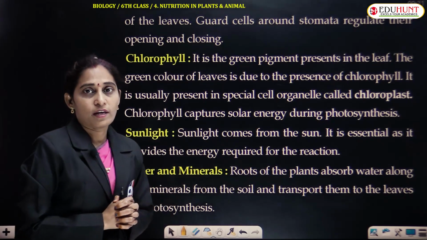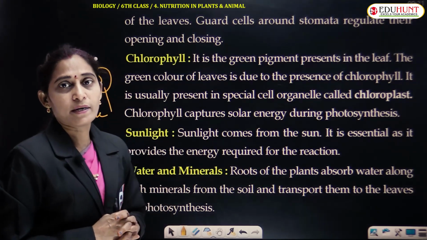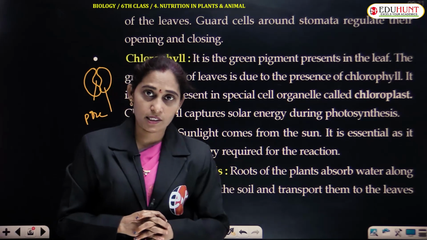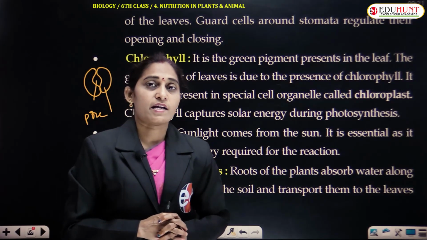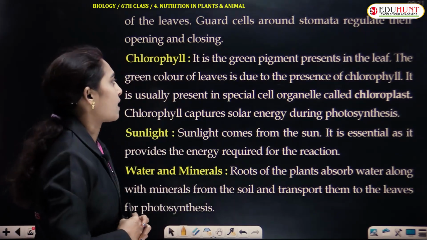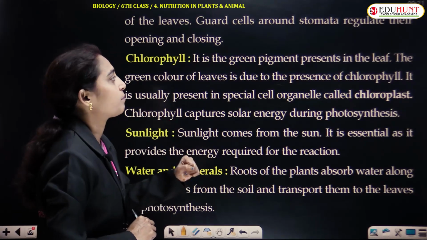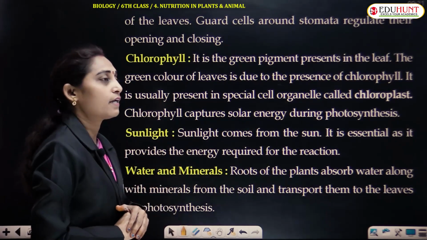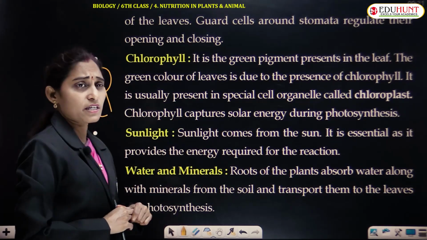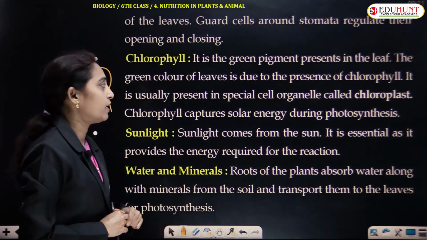Next is chlorophyll. As I said, it is a green color pigment present in the chloroplast, which is essential for trapping the sunlight. The green color of leaves is due to the presence of chlorophyll only.